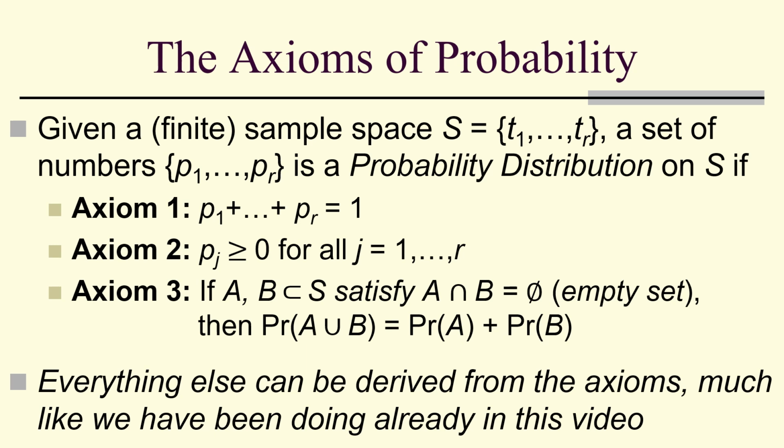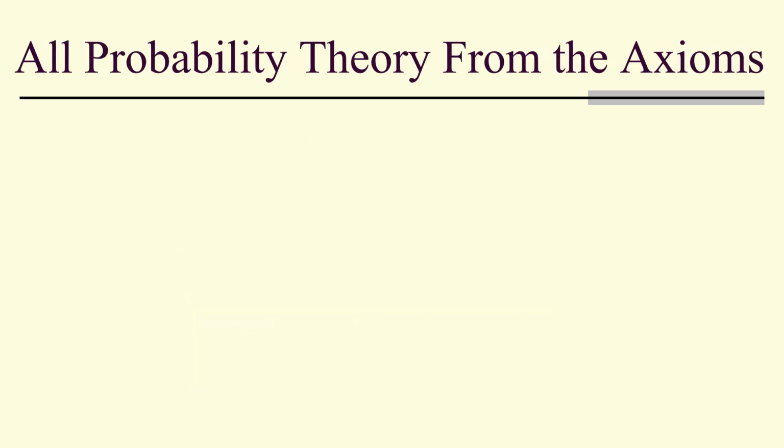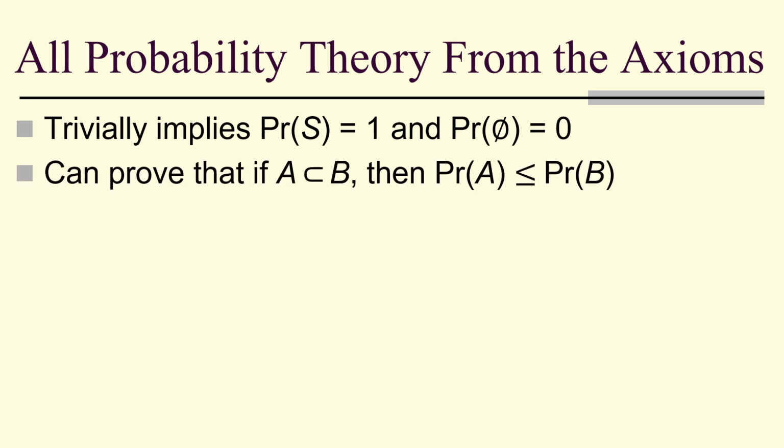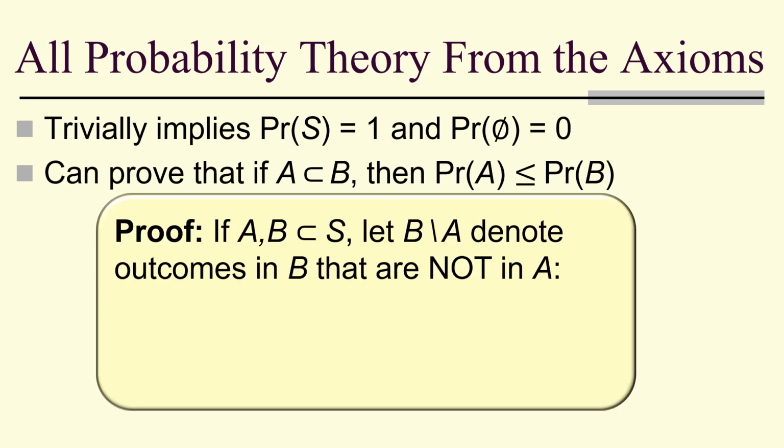Everything else can be derived from the axioms, much like we've been doing in this video already. In fact, all probability theory comes from the axioms. It trivially implies the probability of the entire sample space is 1 and the probability of the empty set is 0. We can prove that if A is a subset of B, then the probability of A is less than or equal to the probability of B. Let's just go ahead and do that.